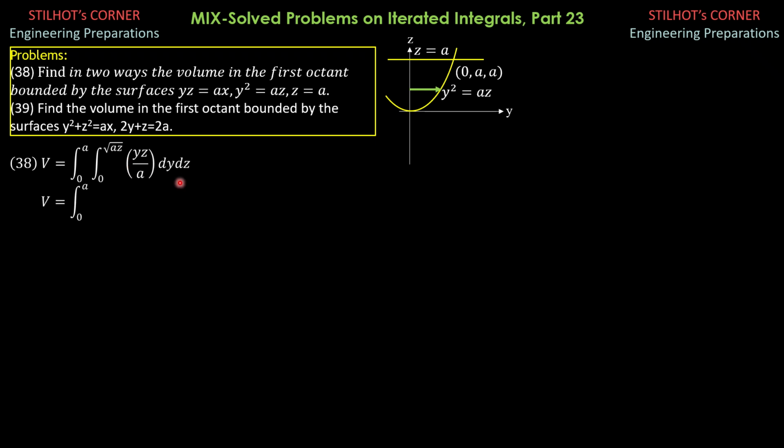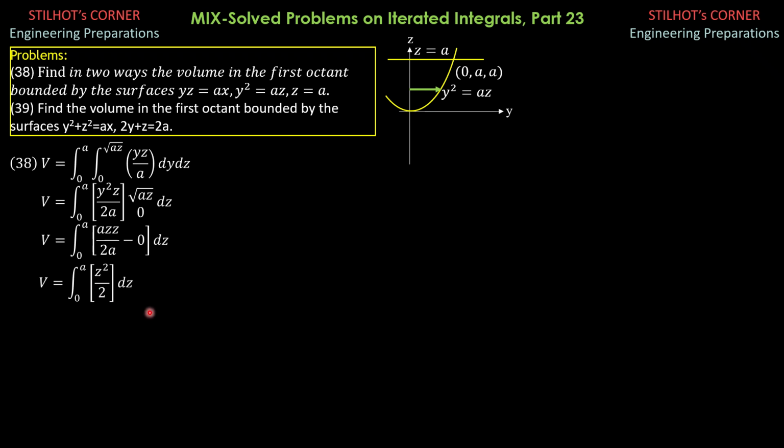So volume equals integral 0 to a of the quantity y squared z over 2a from 0 to square root of az, dz. Substituting the value of y, y squared is az, so that becomes az times z over 2a, minus the lower limit 0. Simplifying, volume equals integral 0 to a of z squared over 2 dz.